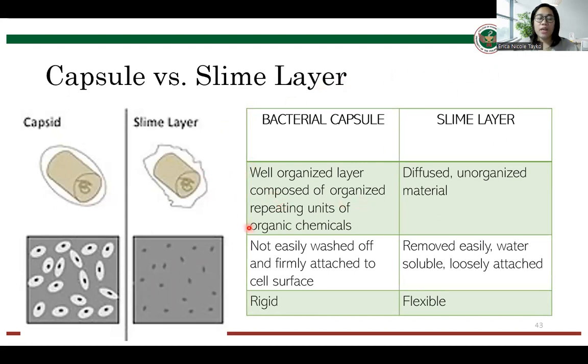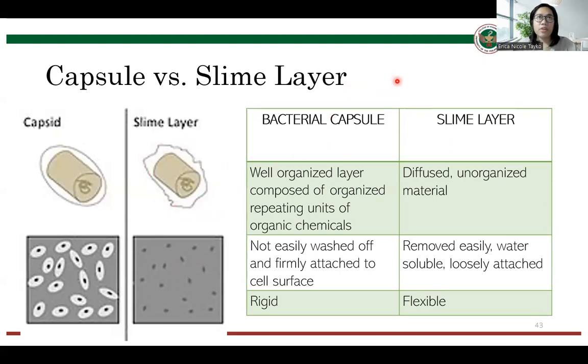Generally, they have similar characteristics and similar functions. Again, your capsule is a hydrophilic structure, meaning it can help in protecting the bacterial cells from drying out or desiccation, because it is water-loving, similar to your slime layer.